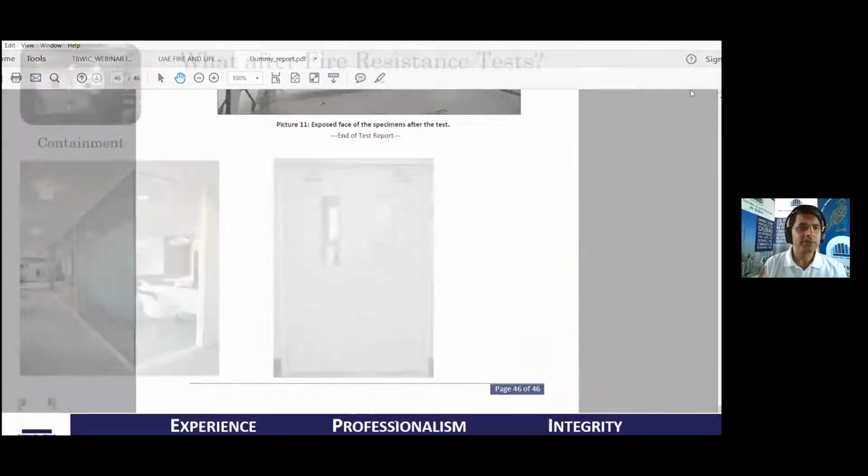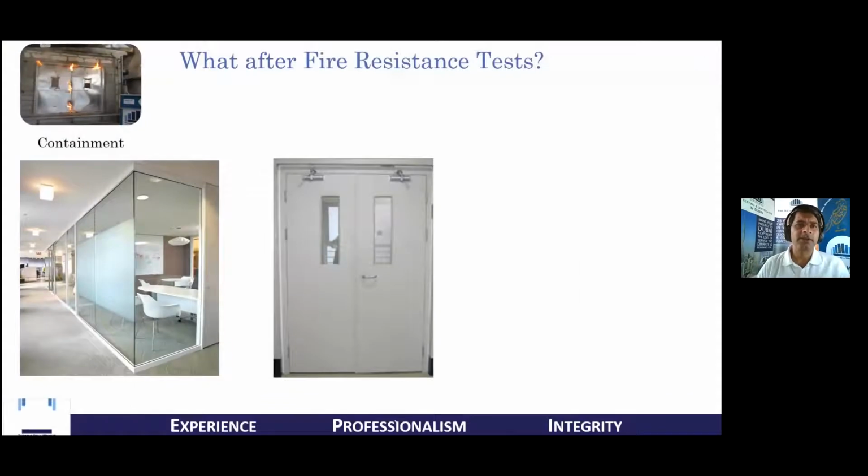So now that we understand what a test report is, hopefully you have a slightly better understanding.